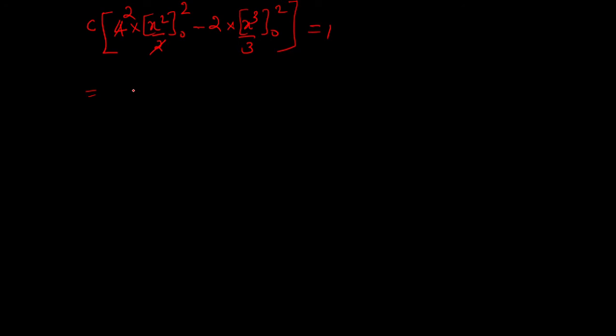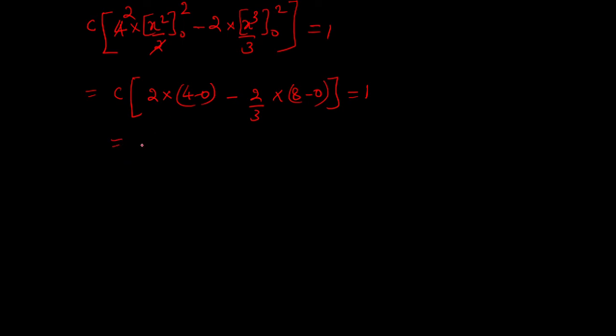That is equal to c into 2 square minus 0, that is 4 minus 0, minus 2 by 3 into 2 cube minus 0. 2 cube is 8 minus 0 equal to 1.